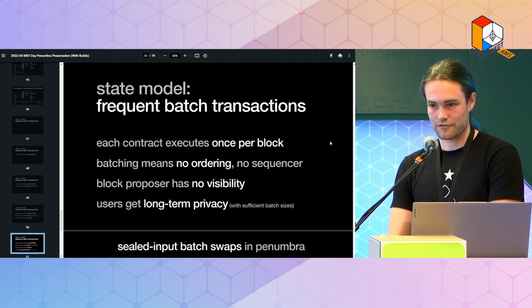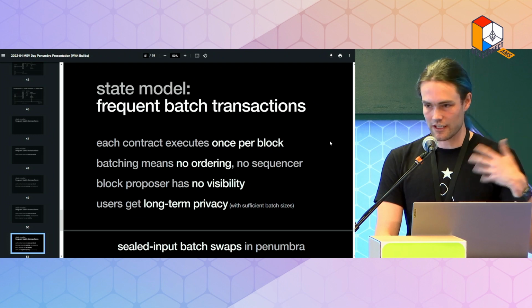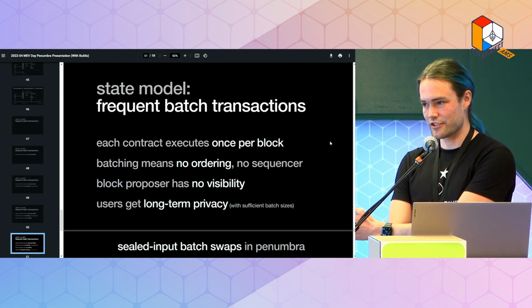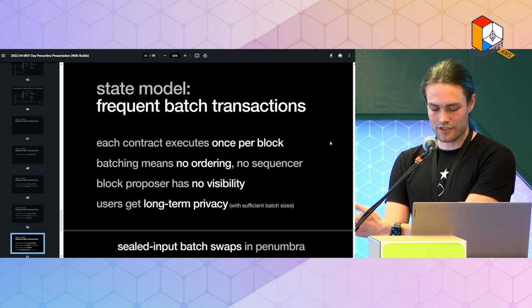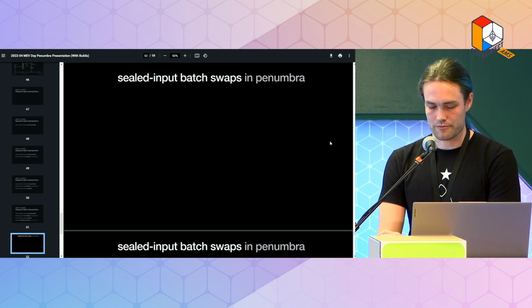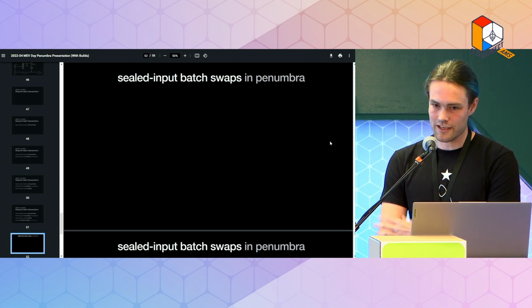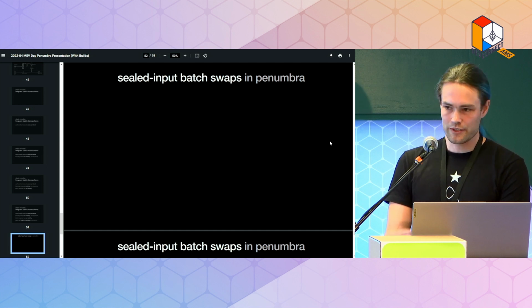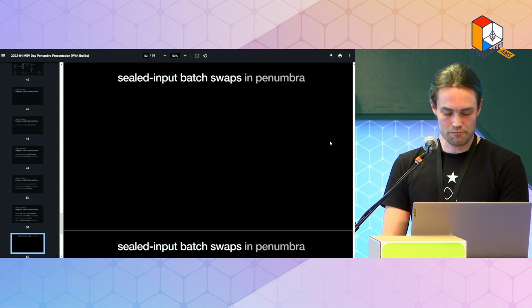As an example of how you could do this, just to finally tie all this together, back to the original topic of the talk, here's how you can use this to do some sealed input batch swaps. And I think that this design is actually pretty cool, even though we've sort of stumbled into it backwards.